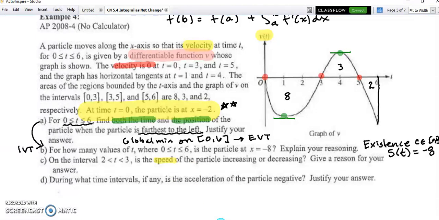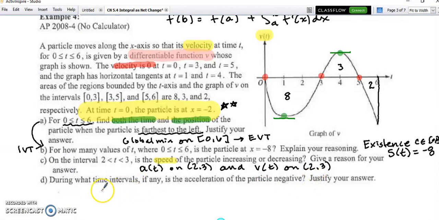Remember that we want to look at the acceleration of the particle on the interval from 2 to 3, and the velocity of the particle on the interval from 2 to 3, and see what that is doing. If they're the same sign, then the particle's speed is increasing, and if they are different signs, the speed is decreasing. So that's going to be our target for part C.